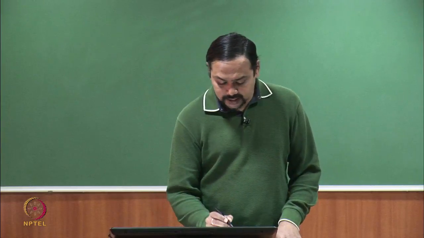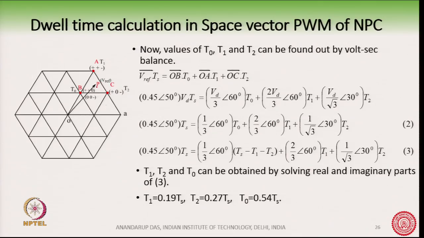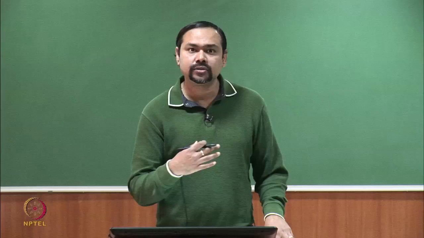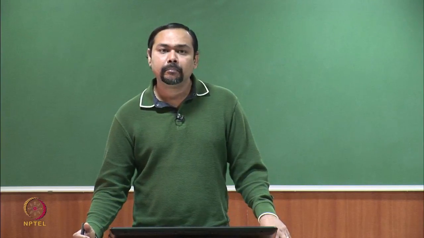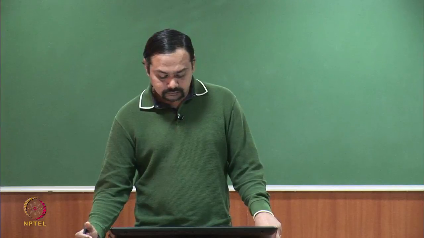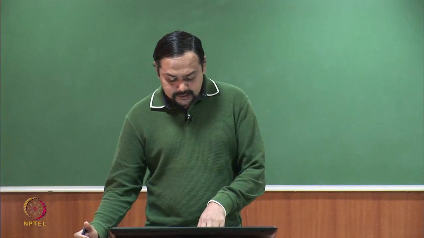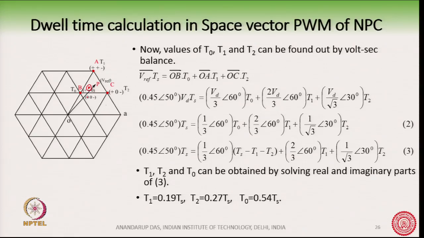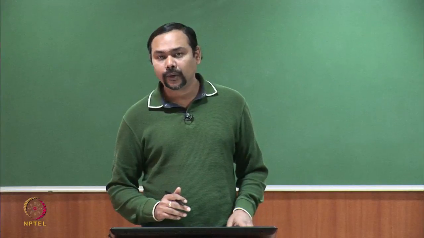So, which means that this vector should have been much closer here. So, it should have been like here. Okay. It is more close to the vector at point B. Okay. And T1 is 0.19 and T2 is 0.27. So, this is their relative weightages.